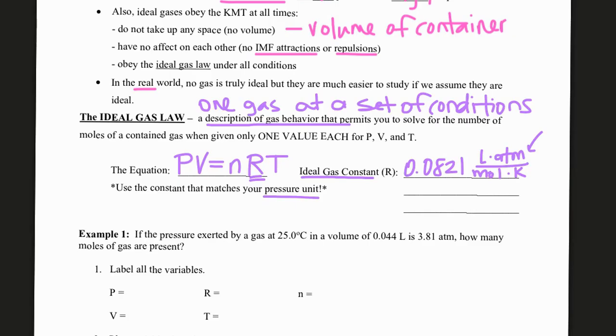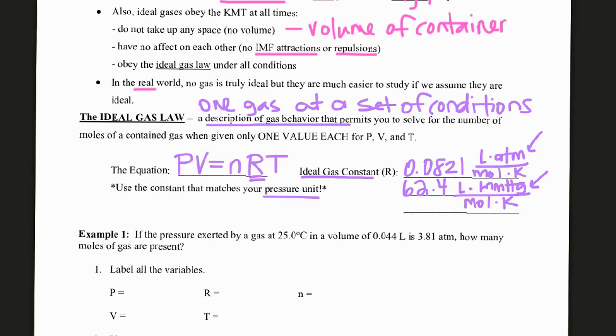For the R value, if it is in millimeters of mercury, which we also see, it is going to be 62.4 liters times millimeters of mercury over moles times Kelvin. So again, same thing, liters, moles, Kelvin, but we changed the pressure unit. So we changed the R value.